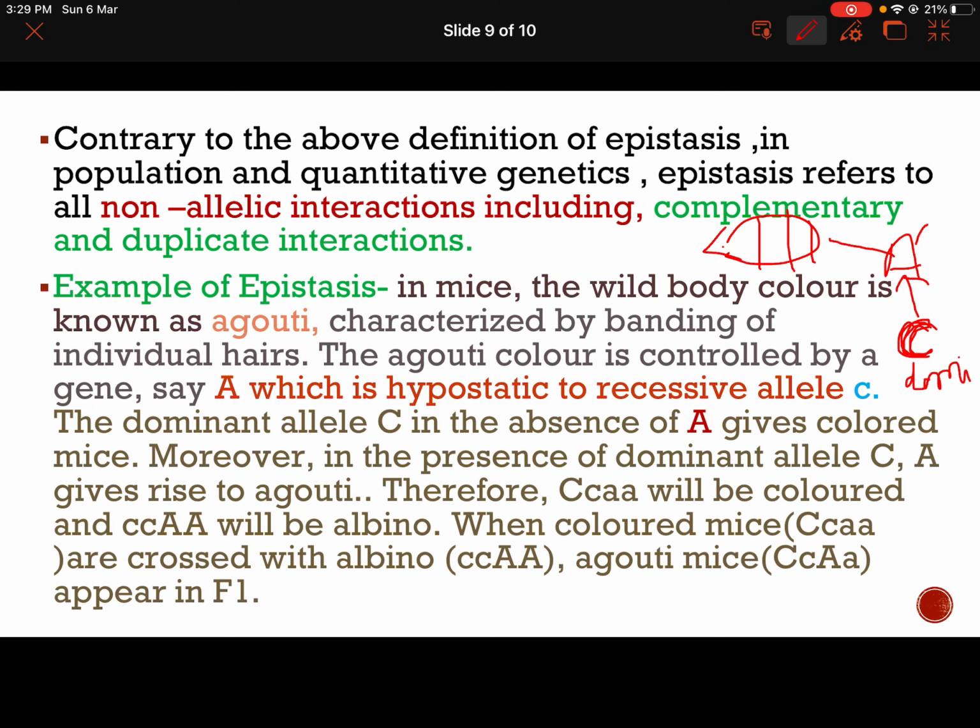The one that masks is called epistatic, and the one whose effect is masked by the other gene is called hypostatic. Hypo means inferior. The dominant allele C in the absence of A gives colored mice. When the dominant C is present, it will give colored mice.